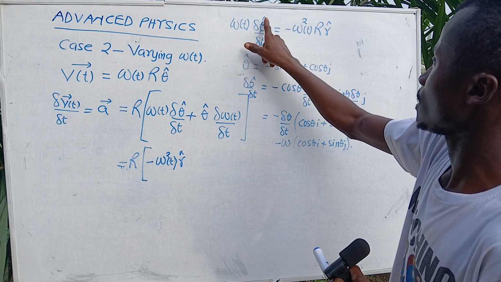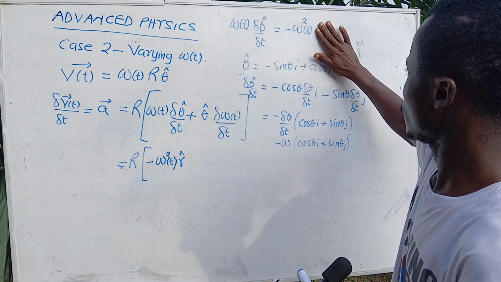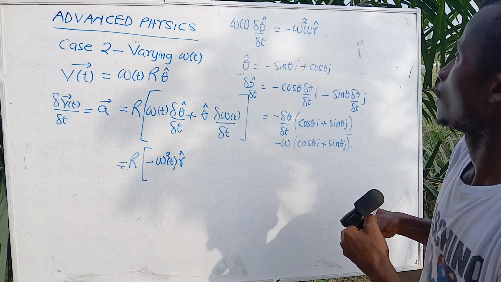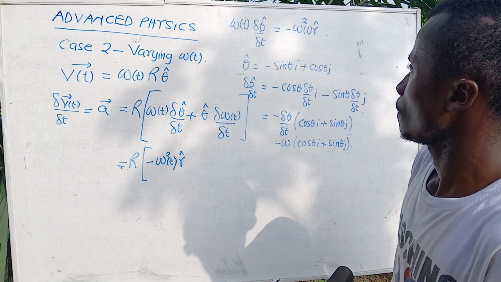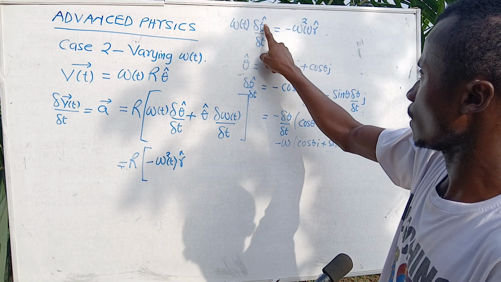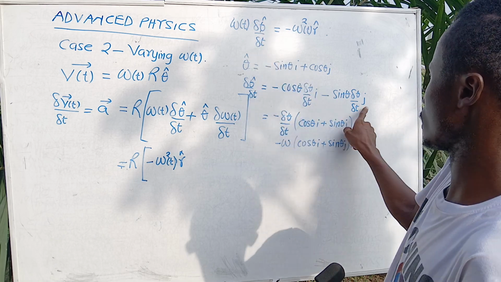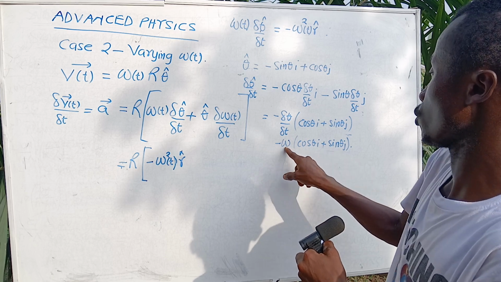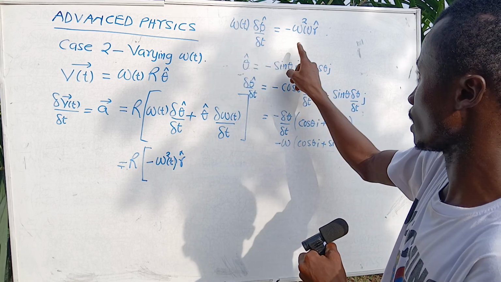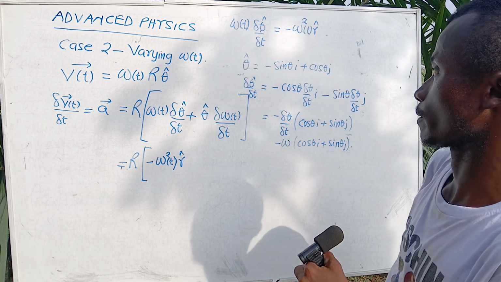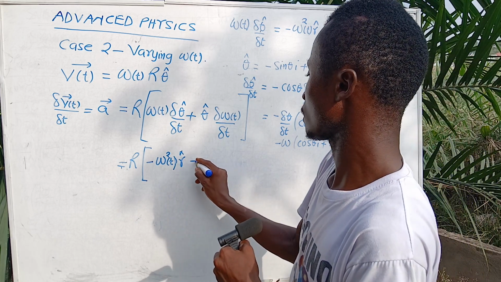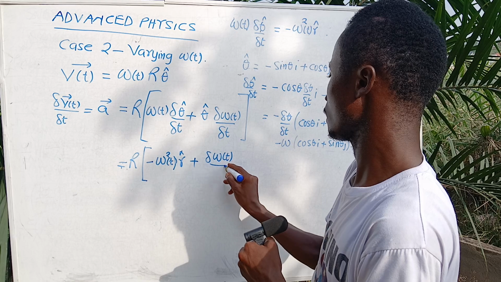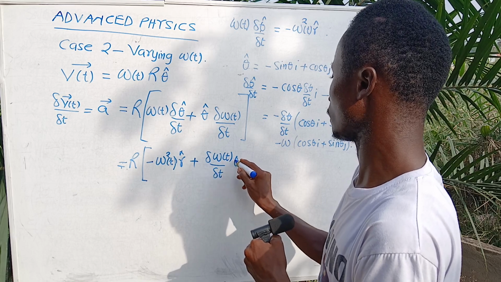So omega of t d theta roof dt is negative omega squared r roof. And we can prove the derivative of theta roof is that negative omega, and this is r roof, and this omega multiplies this omega, we get omega squared times this r roof there, and then plus the d omega of t dt in the direction theta roof.